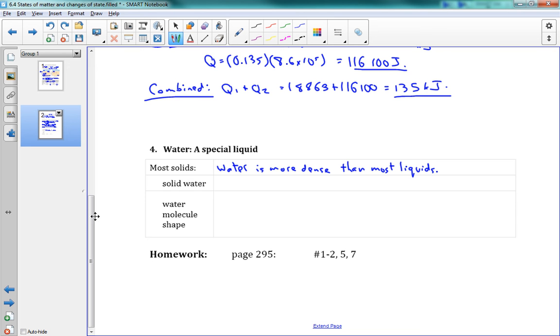So water is more dense than most liquids. There's a reason for that. It's because of the molecular shape. Now, solid water, which we call ice, of course, ice is less dense than liquid water.